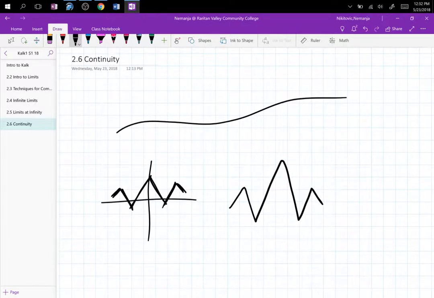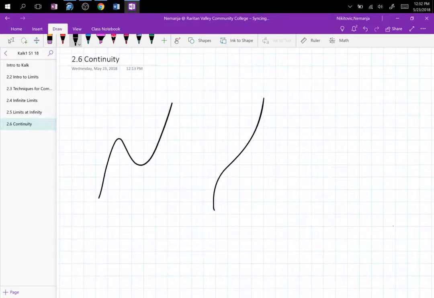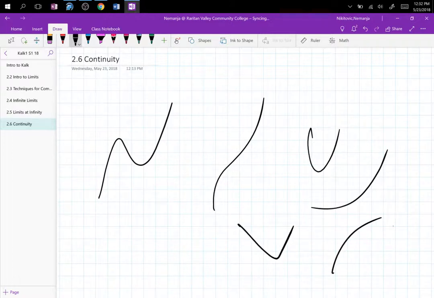So in the future, there are going to be functions that are continuous, and you can't draw them in a single stroke. But for the most part, all of the functions that we are going to discuss in calculus are continuous, and you can draw them in one stroke, like x cubed, or x squared, or e to the x, or ln x, or absolute value of x. So all of them are continuous.